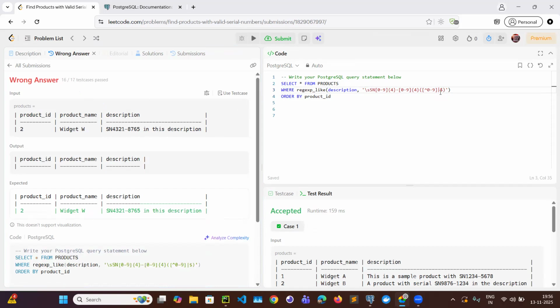Why? In this case we are saying 0 to 9 should not be there. Here we are saying there should be a space, but in this example do we have any space in front? No. SN 1 2 3 4 could be in between as well, right? So in front there could be a space, and this can be the start as well.